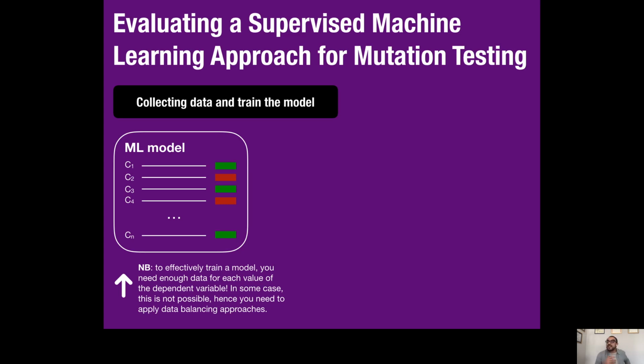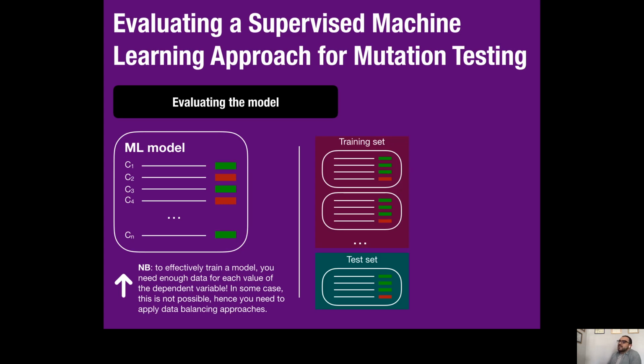Then, once you collected data and trained your model, you may want to know how good this model is. And of course, to evaluate the model, you need something to verify its performance. What you do in general is to split the collected data into sets, the training and the test sets. A particularly famous and exploited technique is called 10-fold cross-validation.